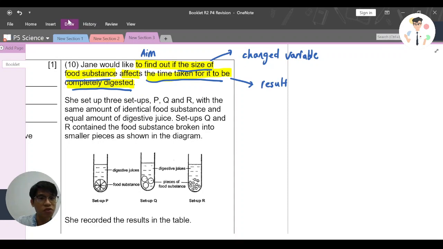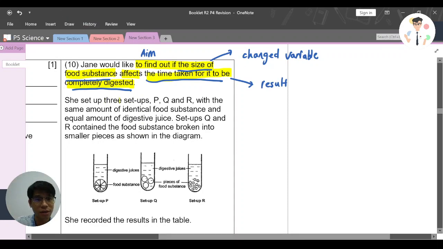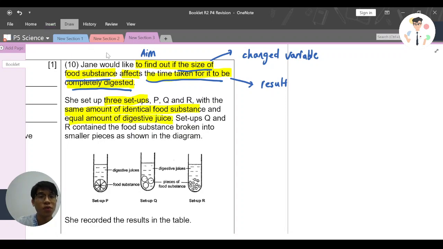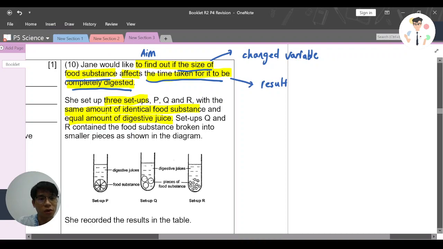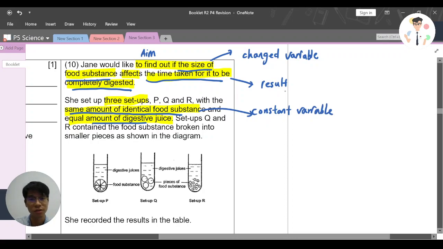Now, she set up three setups, P, Q, R, with the same amount of identical food substance and an equal amount of digestive juice. So basically we know this is a constant variable. Again, these are all the constant variables. It's very important for you to identify all these things, and when you go up to secondary school, it's all the same.